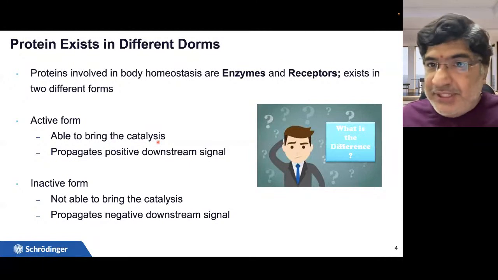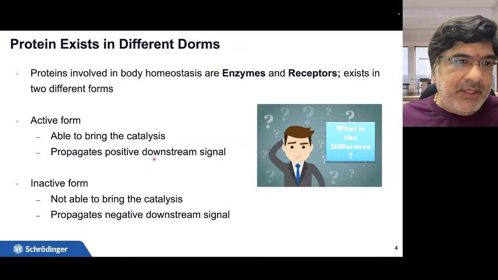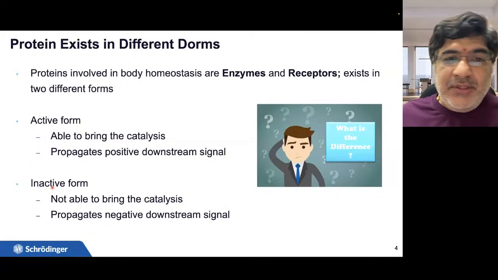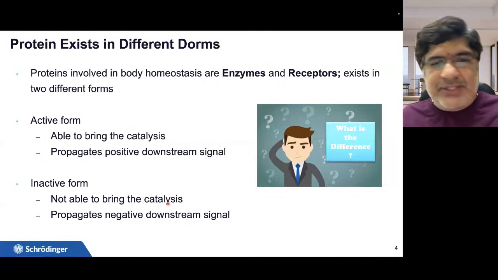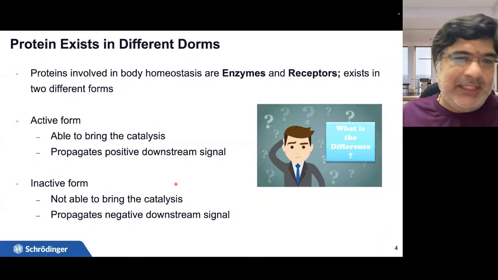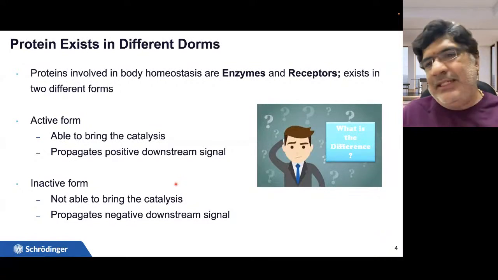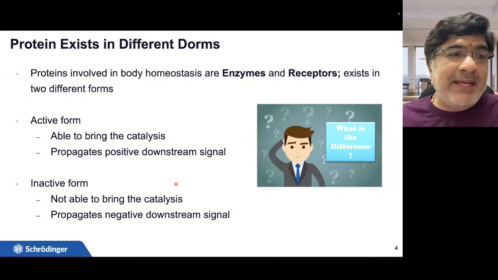If it is a receptor, it would propagate a positive downstream signaling. Whereas if it is in the inactive form, you wouldn't be able to observe any catalysis happening. Or in the case of a receptor, there is nothing like idle; it would be negative downstream signaling, opposite to the positive signaling. This is the observation. But how is this happening?